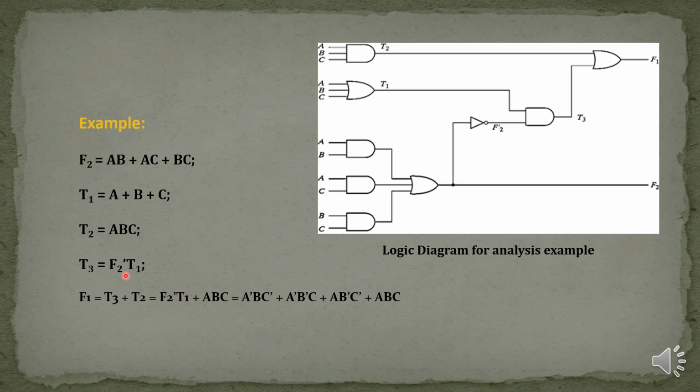T3 is equal to F2 dash into T1. Now we substitute F2 dash and T1 from the previous values. Then we get A dash B C dash plus A dash B dash C plus A B dash C dash plus A into B into C.